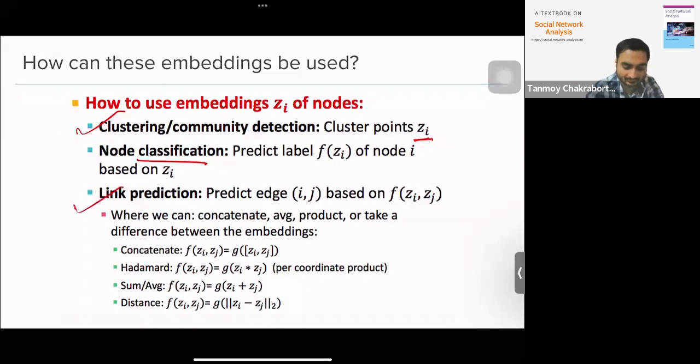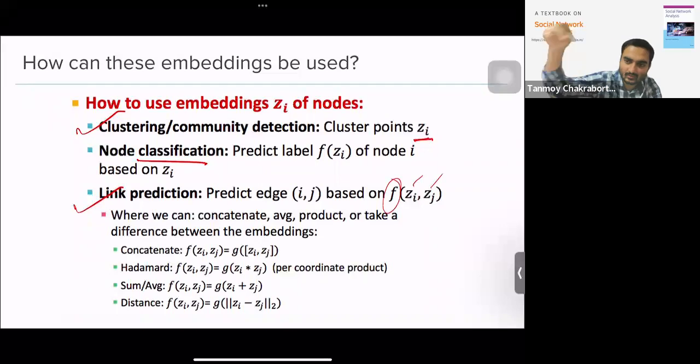You can also predict links, right? Because now you have two embeddings, Zi and Zj, and you have some function. This function is basically a link prediction function. Then your task is to get a representation of the edge.